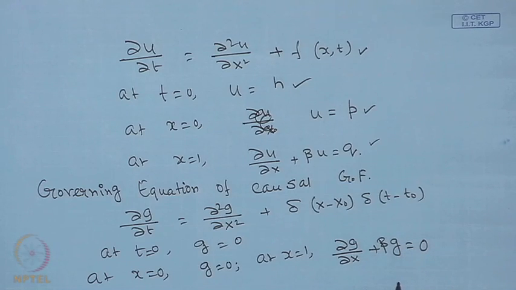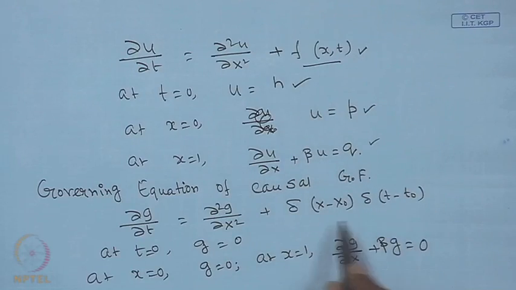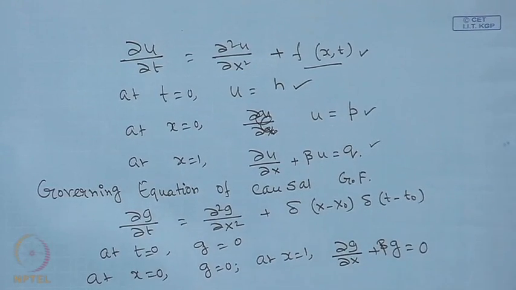So, if you just see, we have kept intact the forms of the boundary conditions, but made them homogeneous. That is the only thing, and the non-homogeneous term in the governing equation is replaced by the Dirac delta term.